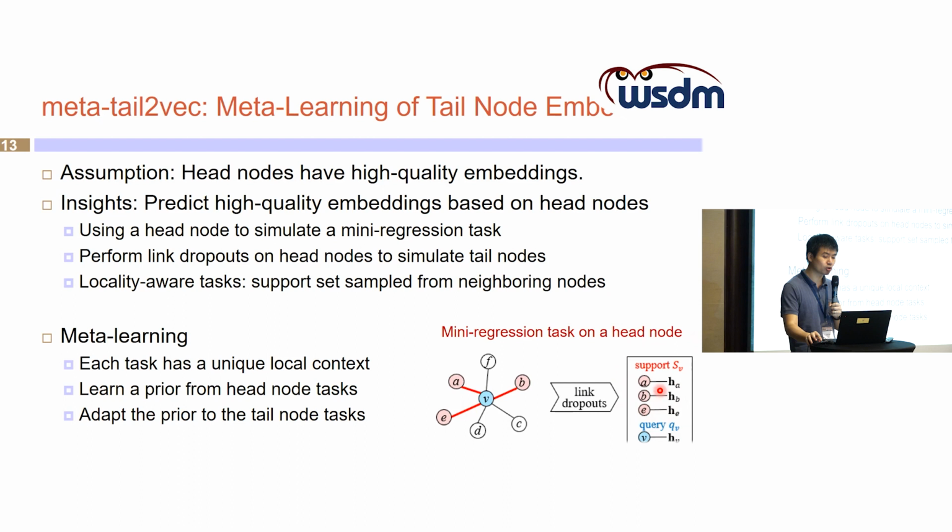It's a regression problem to see how we can map from each support node to their embedding vector. Then we apply the learned regression model on the query set, the query data. The query data is the head node, and we try to see how we can recover the supposedly higher quality embeddings of the head node, right?